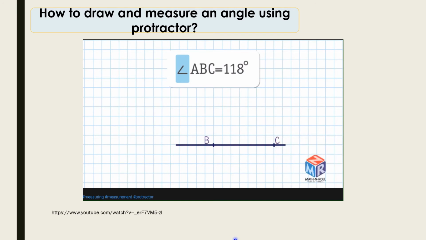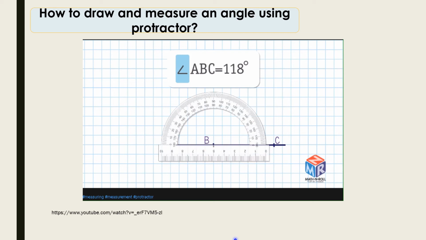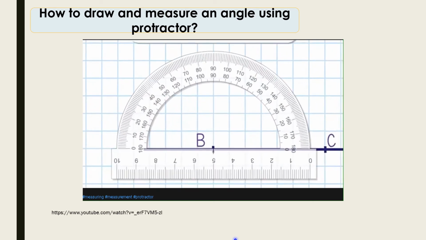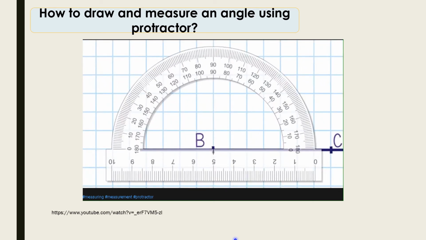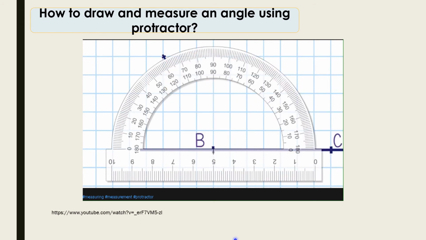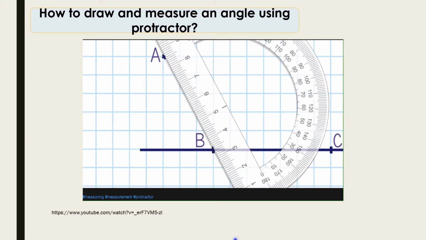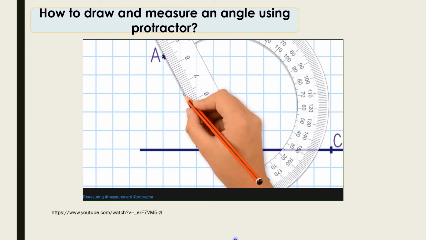Place the center point of the protractor on point B. Align ray BC with the 0 mark on the protractor. Hold the protractor firmly. Count up from 0 to 118 degrees. It is point A. Use the straight edge of the protractor to draw the ray BA.